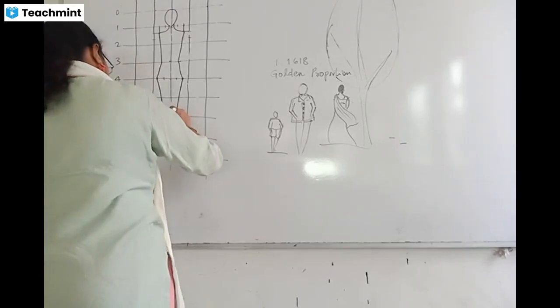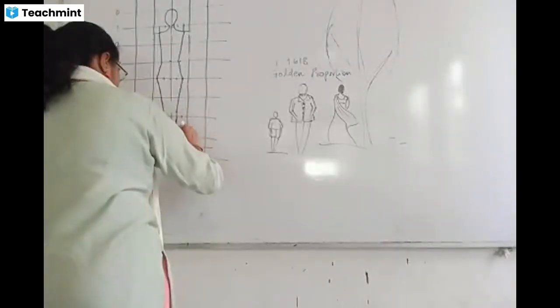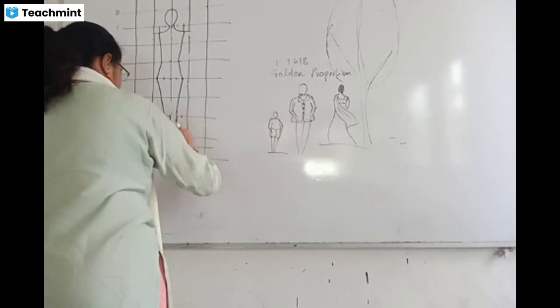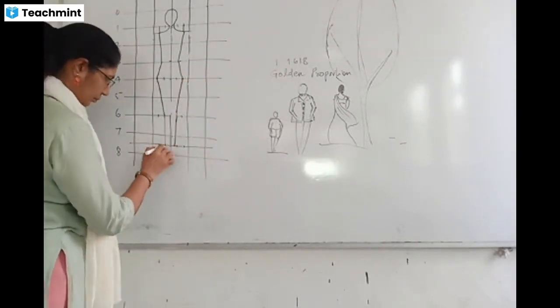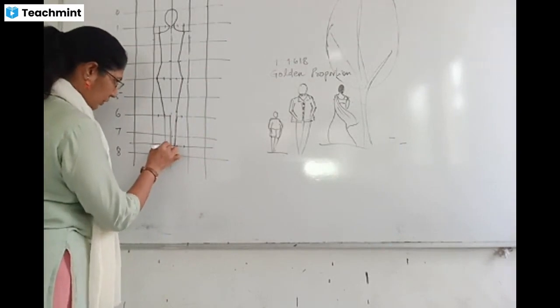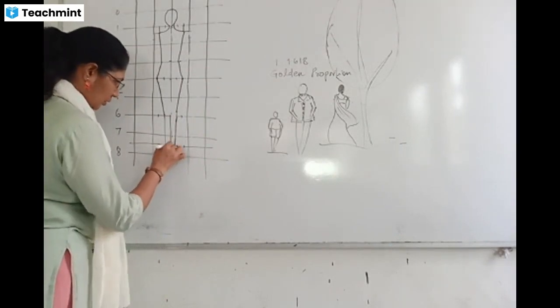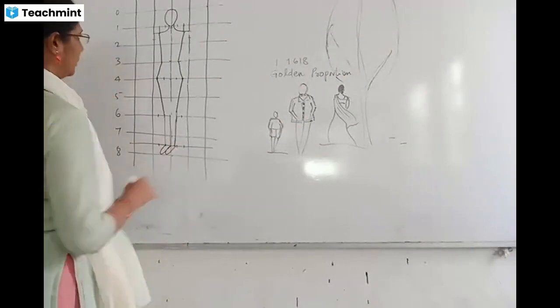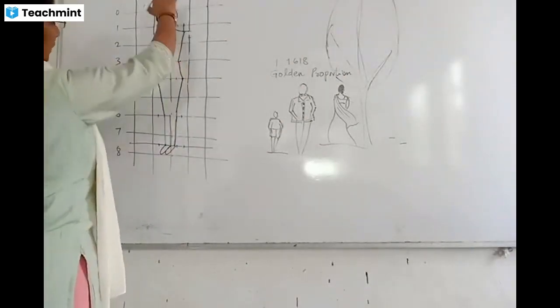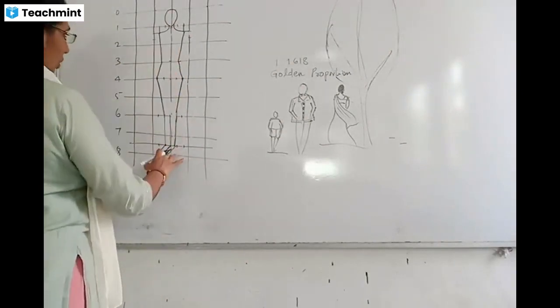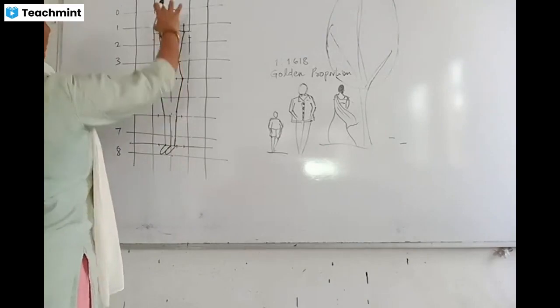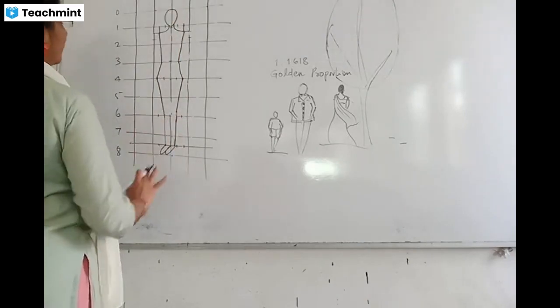When we extend it further, from this position, we can draw the feet. So approximately, the human body has now been drawn, fitting into this grid of 8 heads theory.